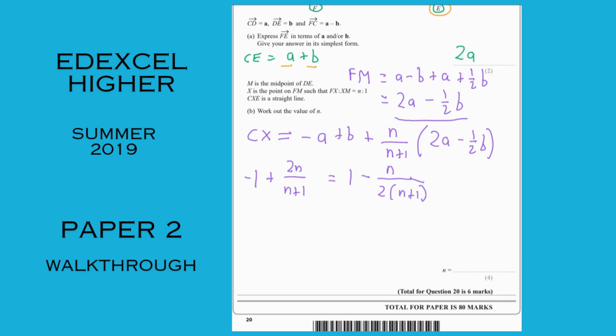Let's level everything out. Let's multiply all 4 terms by 2 brackets n plus 1. So 2 brackets n plus 1 times -1. And I've expanded it. The n plus 1's cancel for the second term, so we just double the top. 1 times this, just this then, but I'll expand.